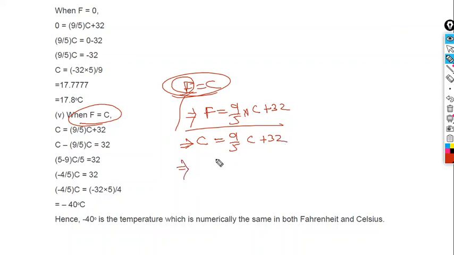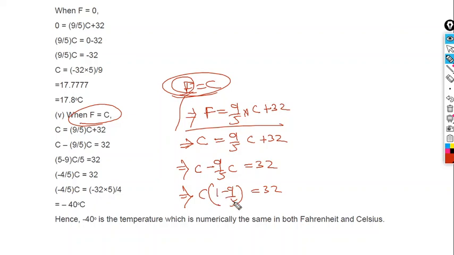Implies we will bring this 9 by 5 C to LHS, so C minus 9 by 5 C equal to 32. Implies, now C will be common, so C into 1 minus 9 by 5 equal to 32.